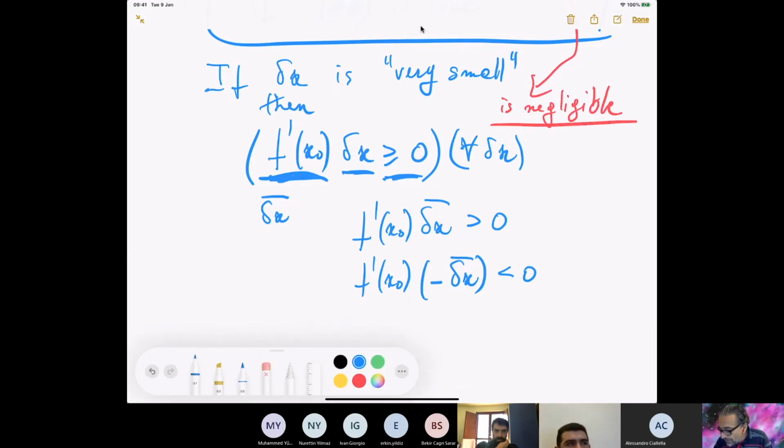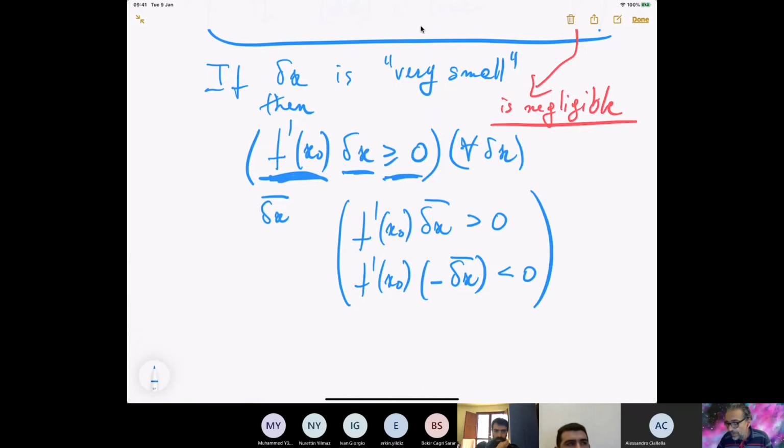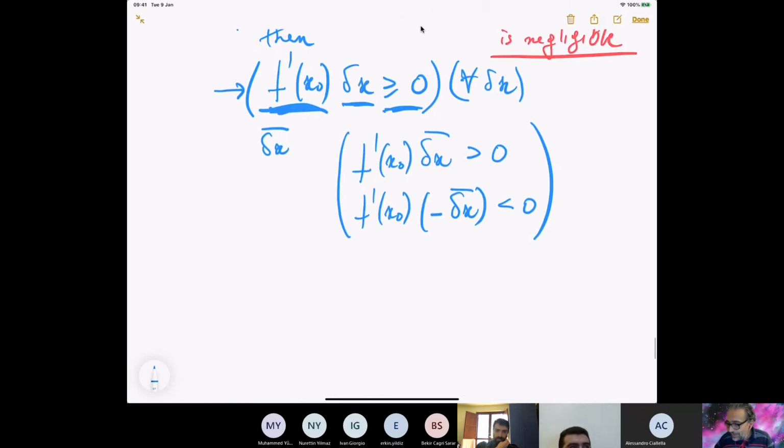So what does this reasoning prove? That the only possibility for having this condition verified for every delta x is that f prime of x0 is equal to 0.